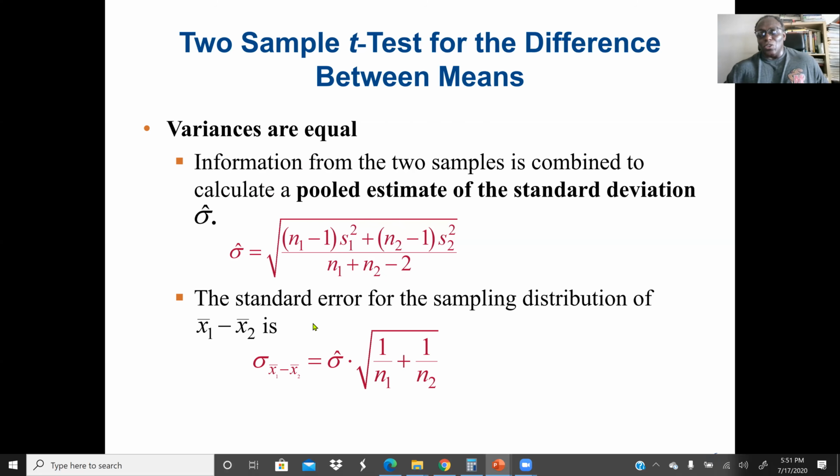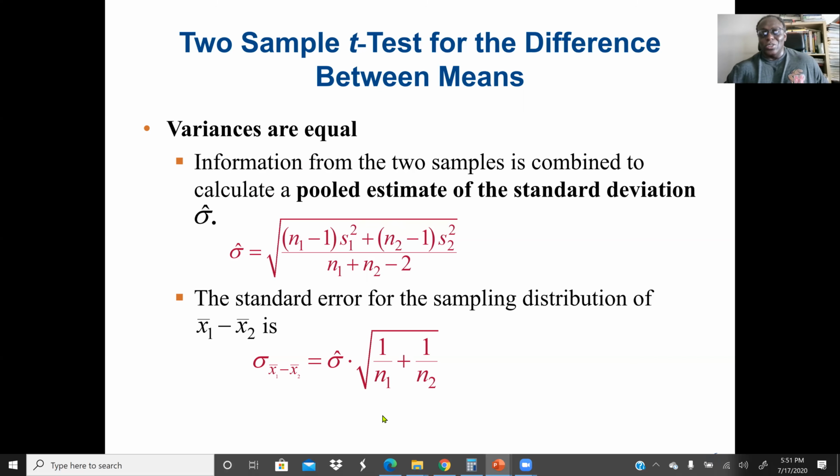Then the standard error of the sampling distribution of x1 bar minus x2 bar is the pooled estimate of the standard deviation times the square root of 1 divided by sample size 1 plus 1 divided by sample size 2.